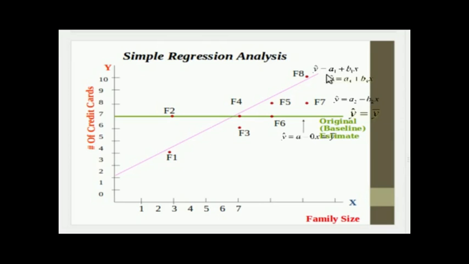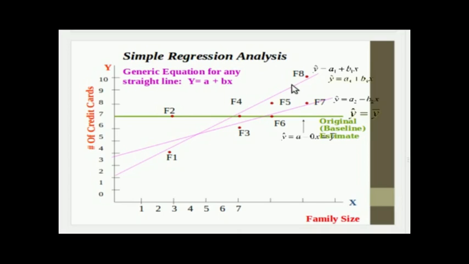The population regression line is y equals a plus bx, where a is the regression constant and b is the regression coefficient. x is the value of the independent variable and y is the predicted value of the dependent variable. There are certain properties of the regression line, such as the line should minimize the sum of the squared differences between the observed value, that is y, and the predicted value, that is y hat.